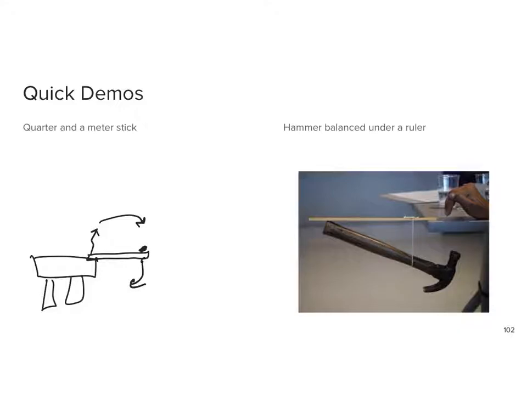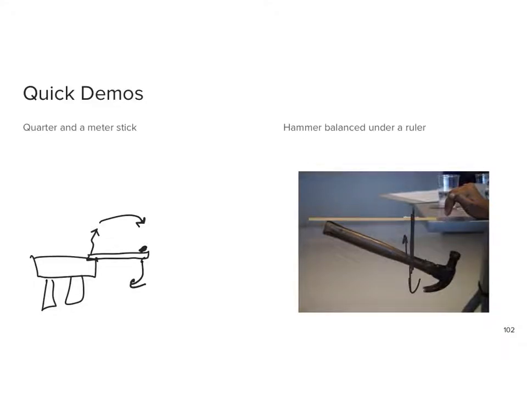This is probably a simpler concept. Here on the right we have this hammer, and this hammer is tied off to this string right here, so it's causing a weight force going down, but there's a tension force going back up.